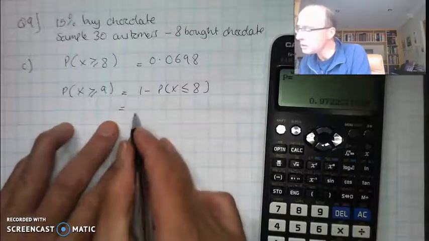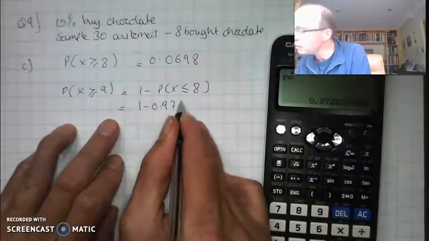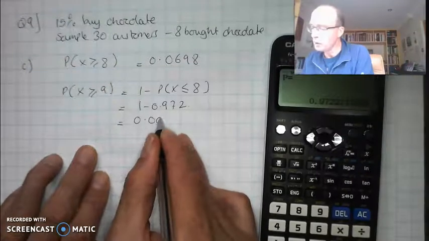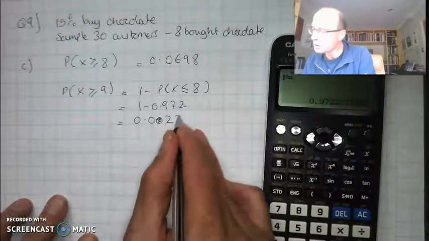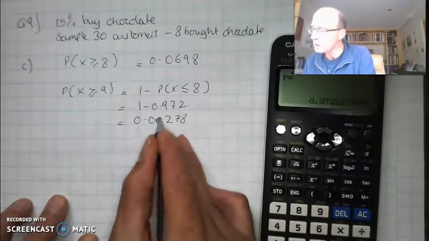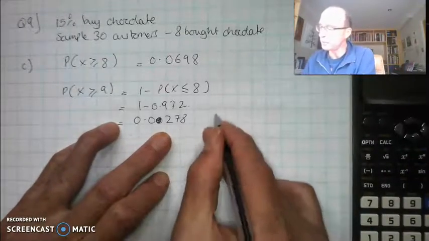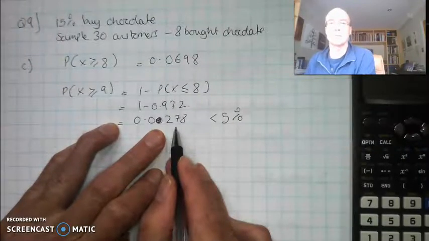I can hit that, and that's going to give me 1 minus 0.972, which is equal to 0.0278. So 0.0278. This is less than 5%. So this is a significant result.